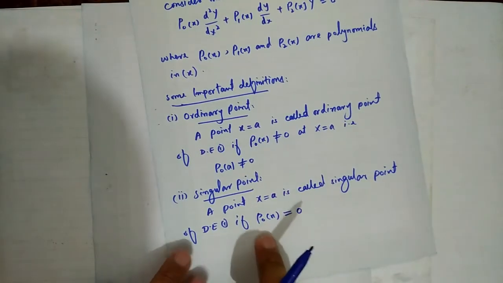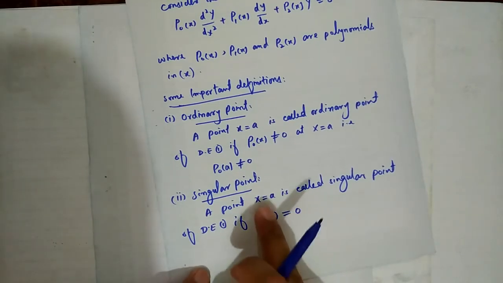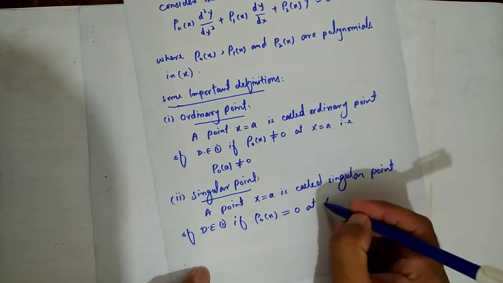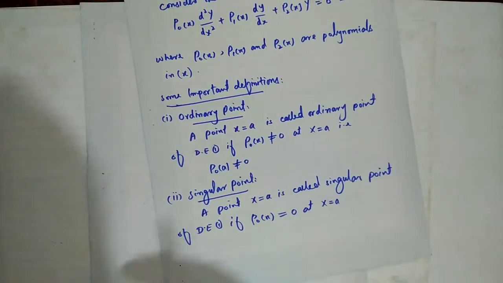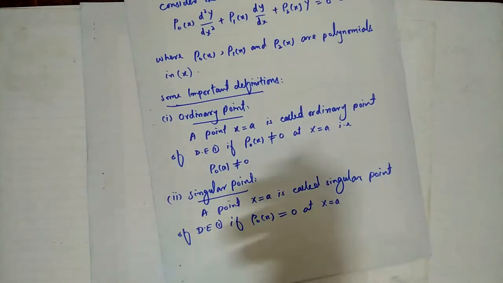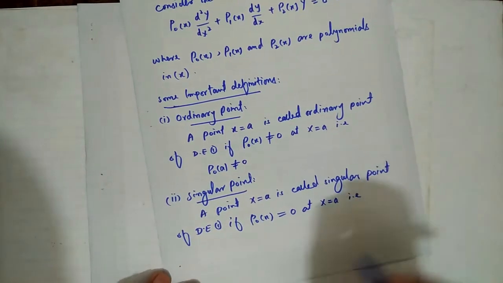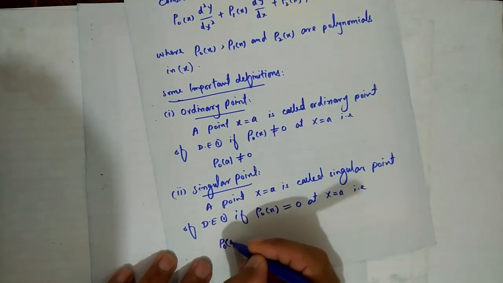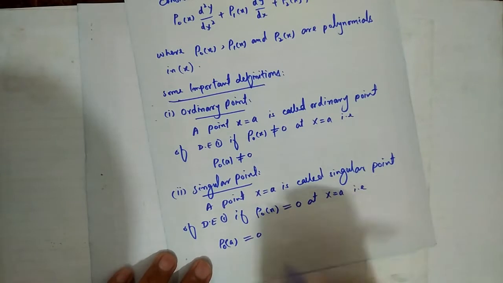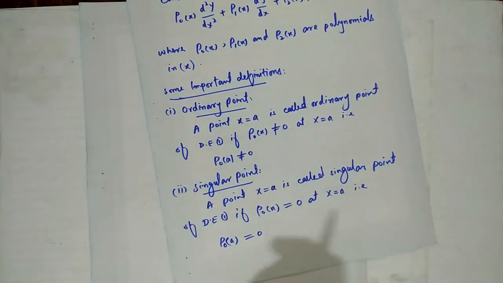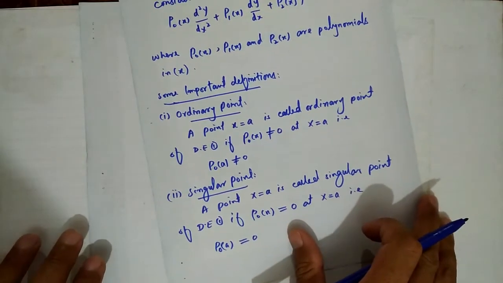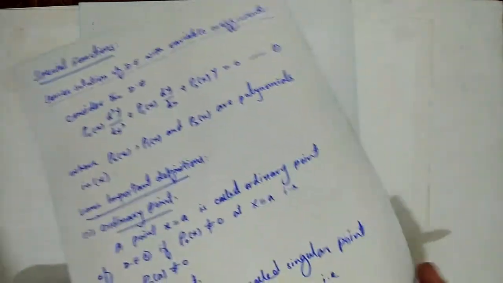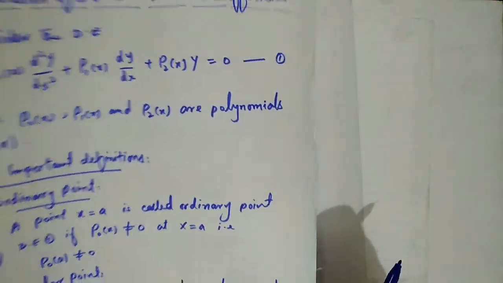It vanishes at x equals to a, then such a point is called a singular point. That means if p naught at point a vanishes, then that point is known as a singular point. So now we are going to define the working rule for solving the differential equation.